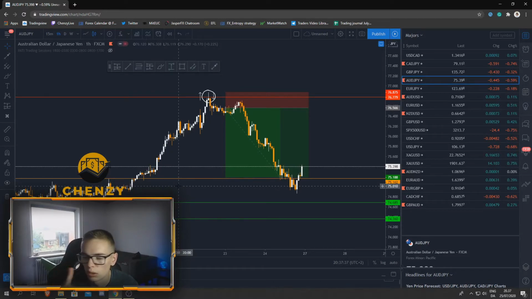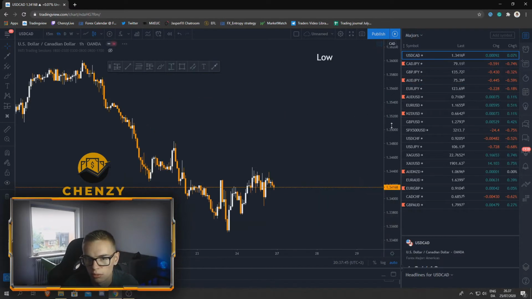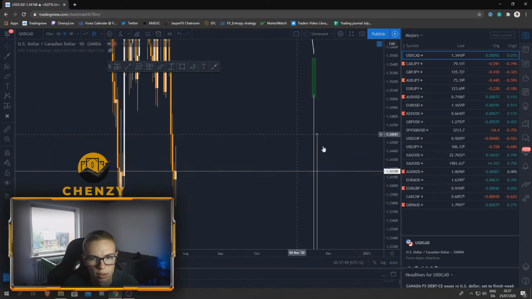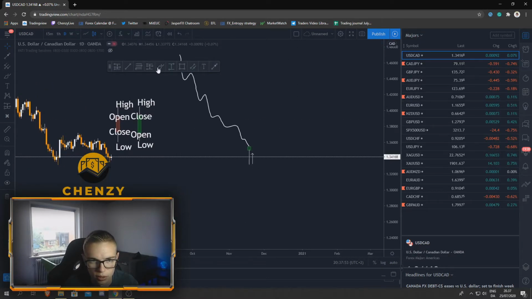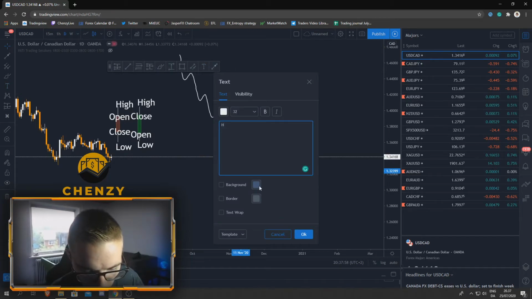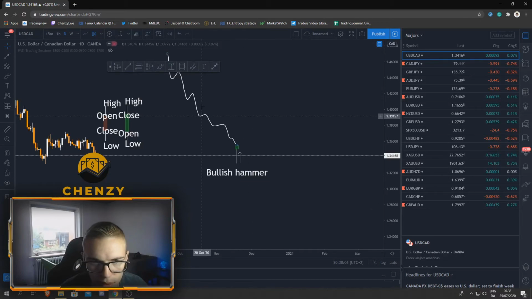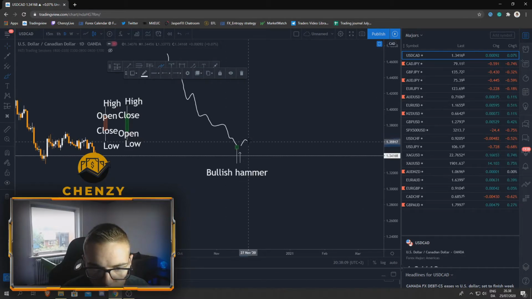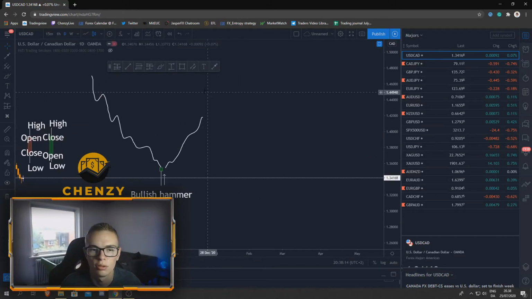So one more candle I want to talk about before I go is the doji. Let's go back to my drawings here. So this was a hammer candle, a bullish hammer, right? Let's just draw this. And now I'm going to draw a doji. So a doji looks like this.